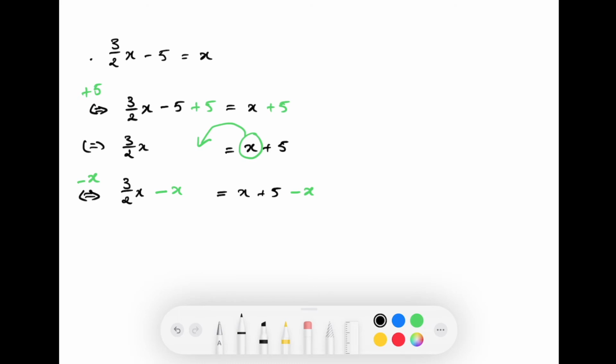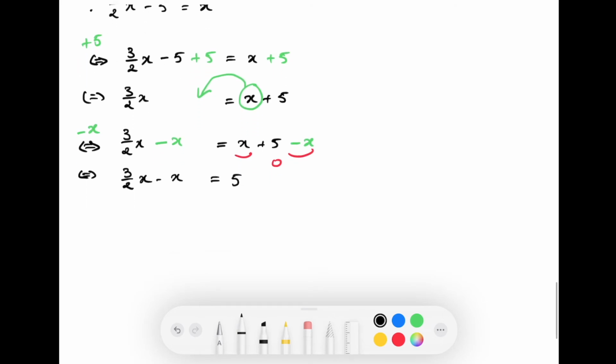Here we see that if we rewrite this, we get 3 over 2 times x minus x is equal to, well, x minus x is 0. They cancel each other out. So only this 5 is left on the right-hand side of the equation.